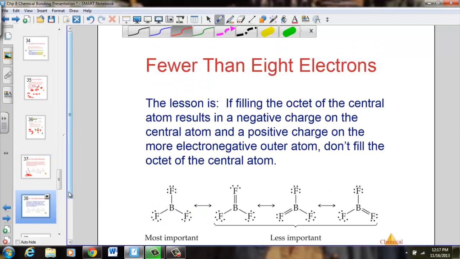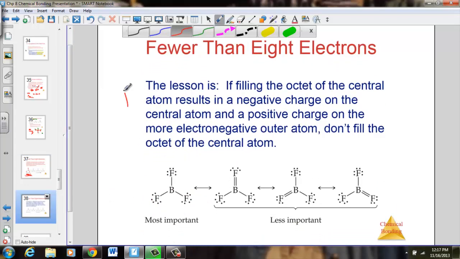When we have a situation where filling the octet of the central atom results in formal charges, don't do it. Break the octet rule. If you end up creating formal charge where we have a negative charge on the central atom and the positive charge on the more electronegative outer atoms, please break the rule and keep formal charges to a minimum.